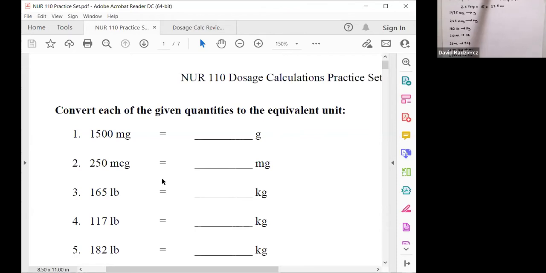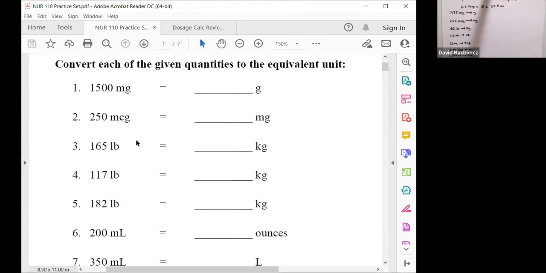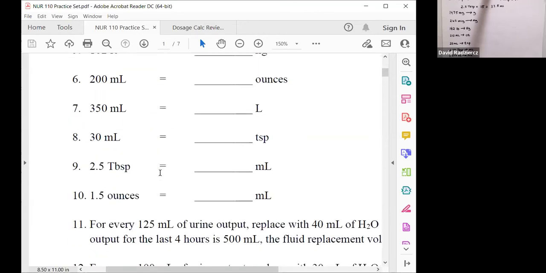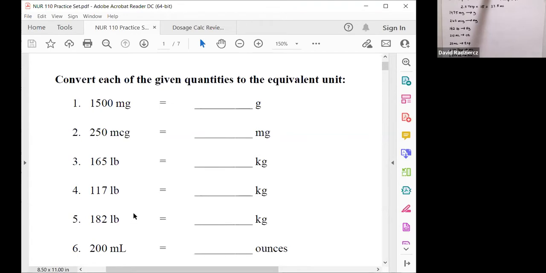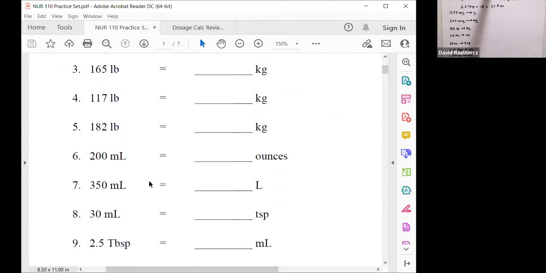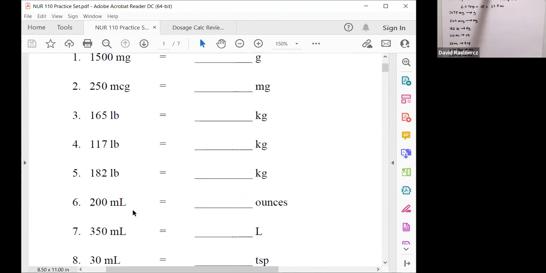So I wrote out some variations of these questions. I just changed the numbers a little bit. And so I'm going to work through a couple of these. This is what we're referencing, say the first 10 questions here is where I'm getting the ideas, but I wanted to change the numbers a little bit to give something a little bit different, and then leave this for you to practice.